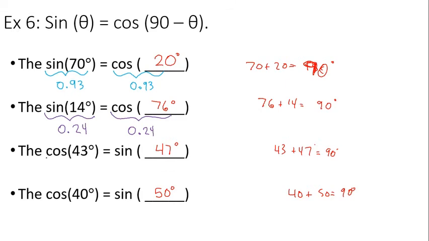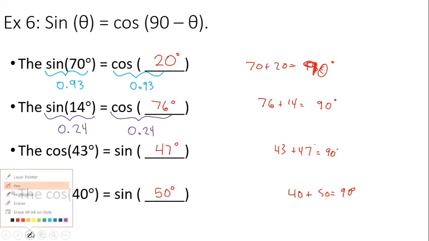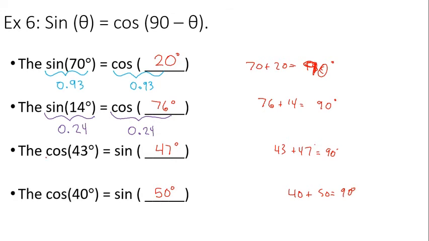Okay, next one, we start with cosine of 43. That gives us 0.73. Same thing, sine of 47 is 0.73. And last one, here we say cosine of 40. That gives us 0.76. And same thing, sine of 50 is 0.76.